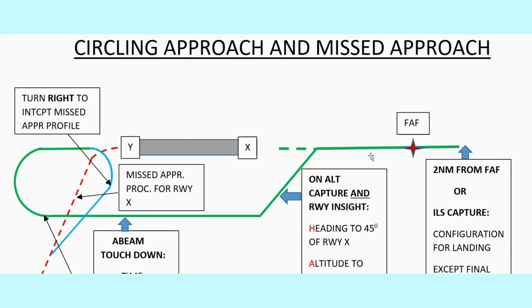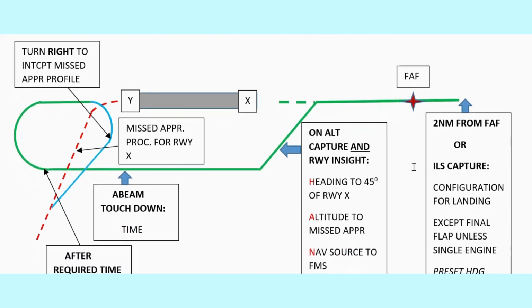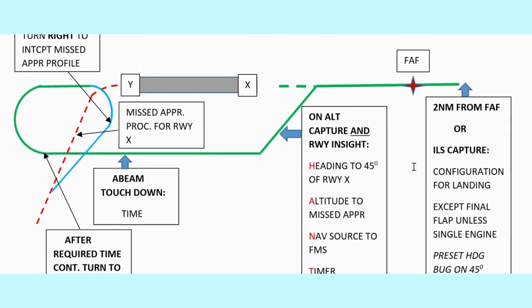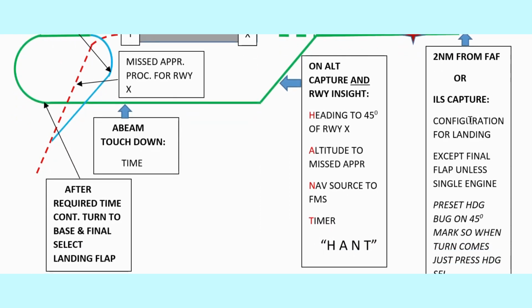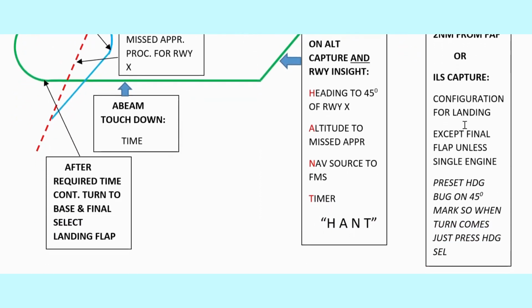So if we are coming in from the right-hand side, we have a final approach fix here. For example, let's say we're doing an RNAV approach. The procedure is that 2 nautical miles from the final approach fix, you start doing your final configuration for the landing. You'll configure your landing gear down, and your flaps will be deployed.